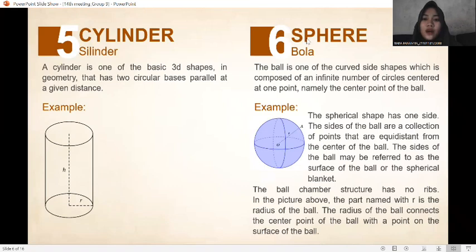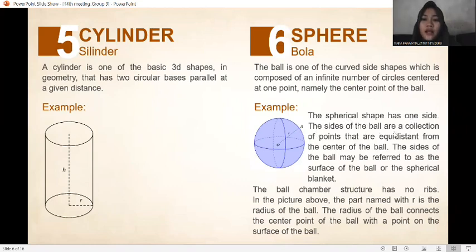Okay, next is sphere. Sphere in Indonesian is bola. The ball is one of the curved side shapes composed of an infinite number of circles centered at one point, namely the center point of the ball. Example is, from the picture here, the picture here is sphere. This spherical shape has one side.